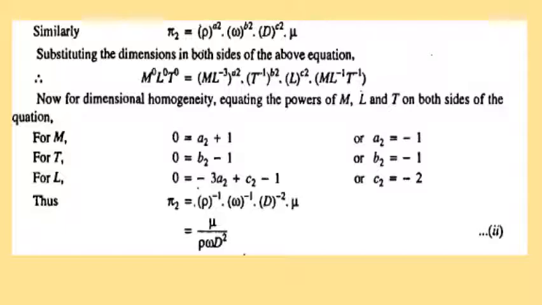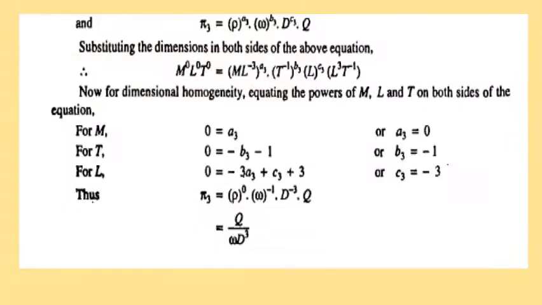Now the pi 2 term is rho power minus 1, omega power minus 1, d power minus 2. Because the powers are minus, they are taken to the denominator. For that reason, the pi 2 term is equal to mu by rho omega d square.